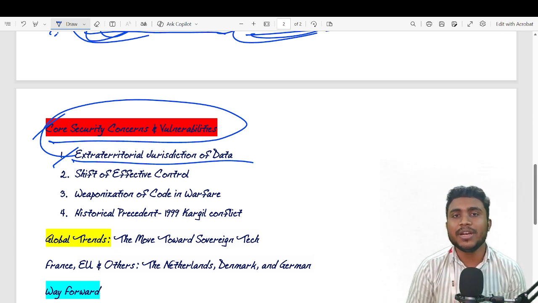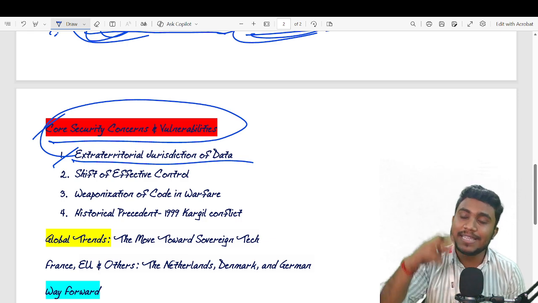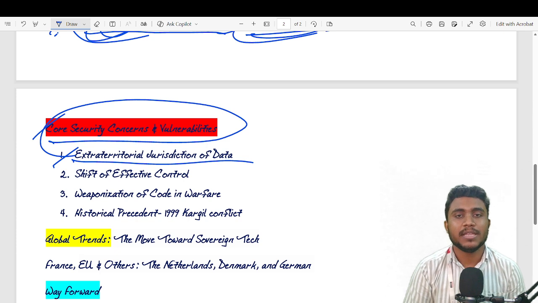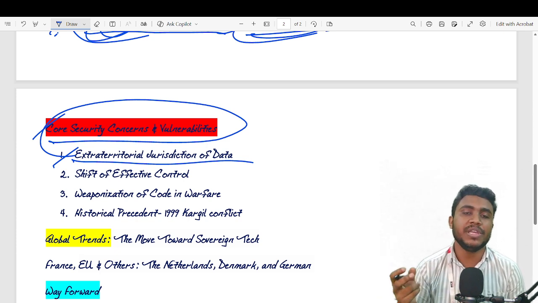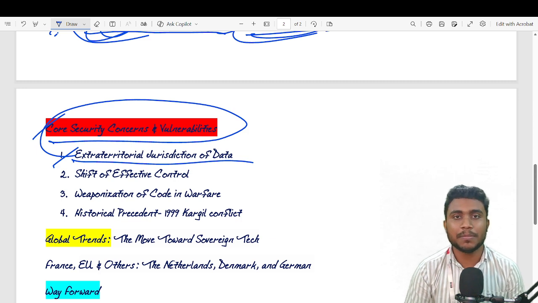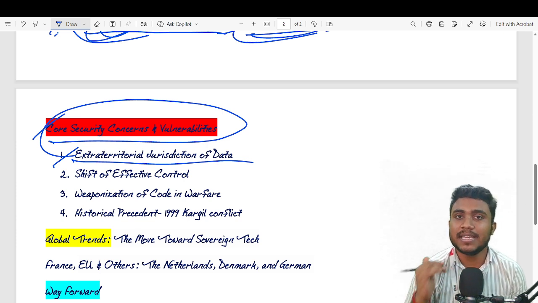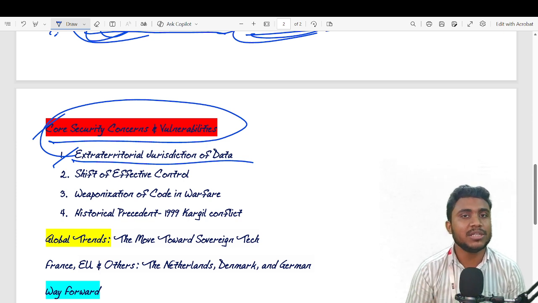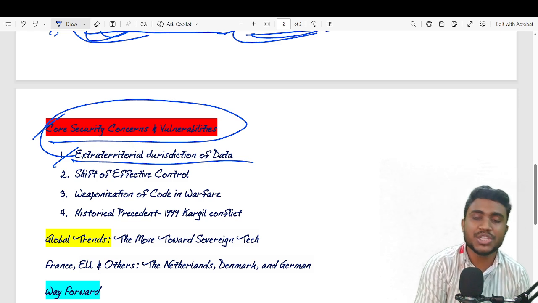But the foreign companies also have to abide by their homeland law. Their homeland law, meaning USA and Europe, pressurizes them, and sometimes they share some data. So these things threaten our digital security. This is the issue.